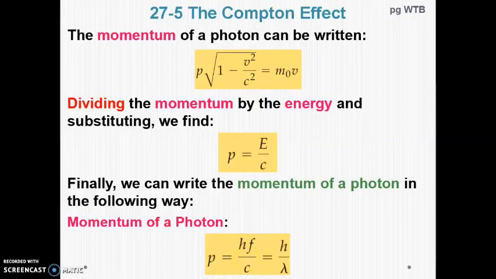When you substitute c equal to f lambda, the f and f cancel out, and finally the formula becomes momentum is equal to Planck constant divided by lambda.